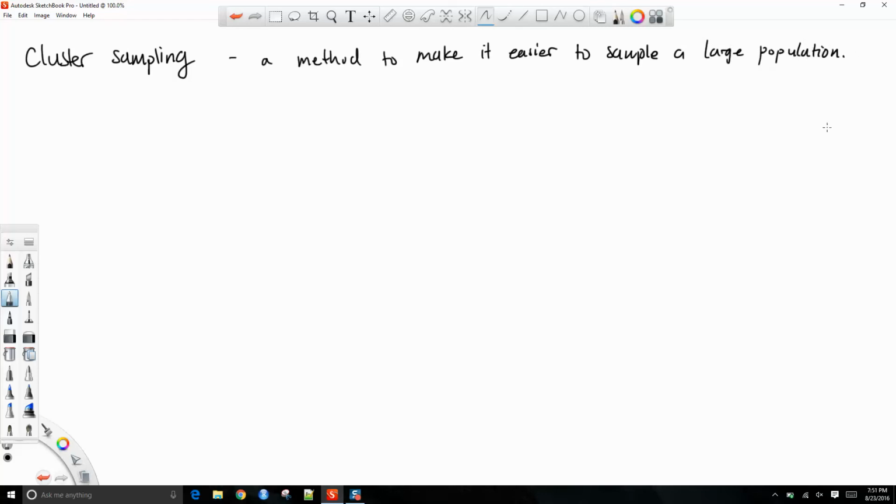If we want to do simple random sampling, we would need a list of every single person in the population, and that list might be very difficult to obtain.